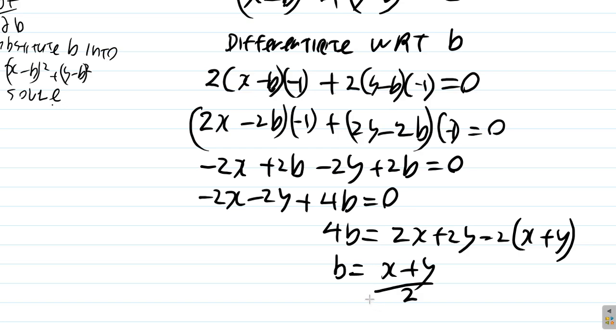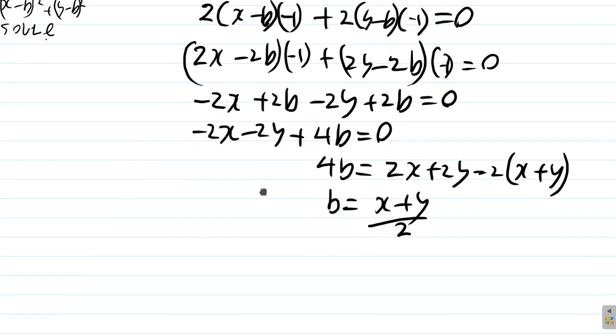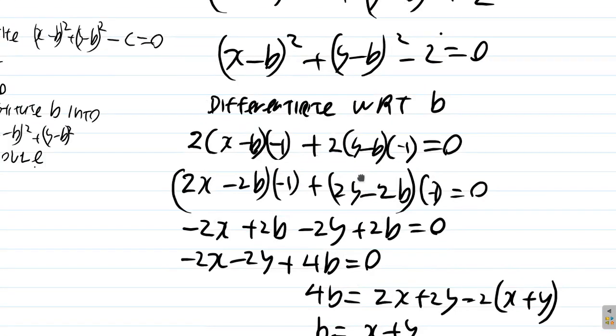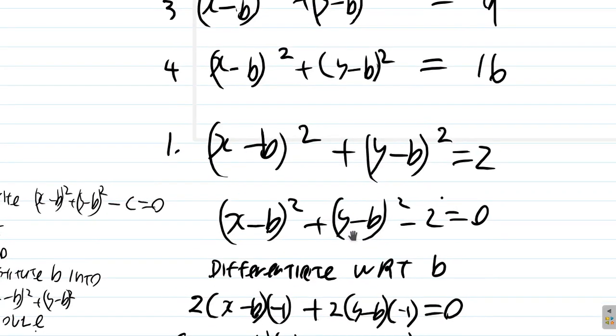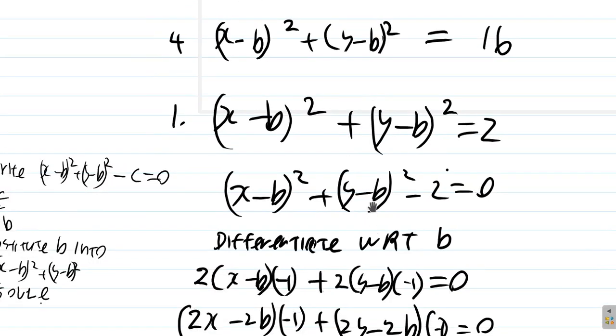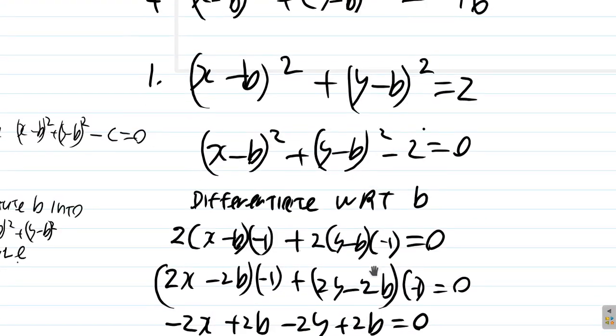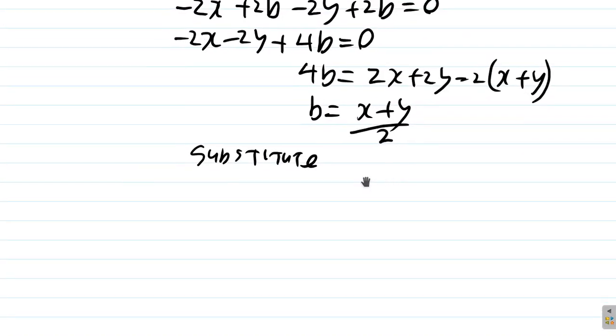So you see what would happen in that case. So now, you substitute it. All right, we have (x minus b) squared, (y minus b) squared.